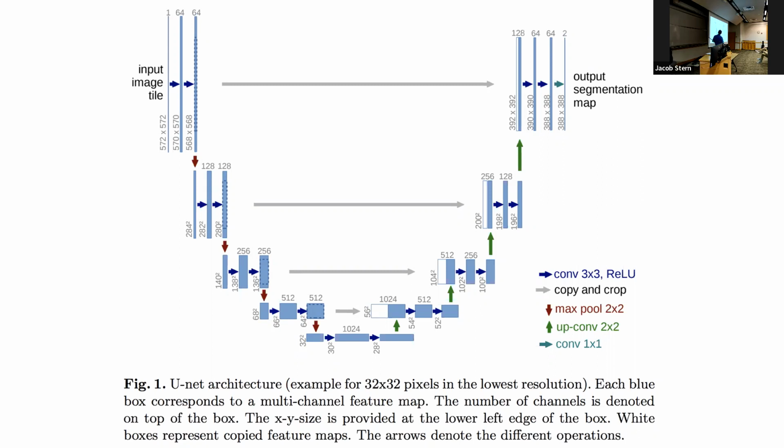The way it does this is it applies convolutions, max pool layers to shrink spatial dimensions, and then the secret sauce of this UNet architecture is that we have these gray arrows going across. Any idea what those gray arrows might be?